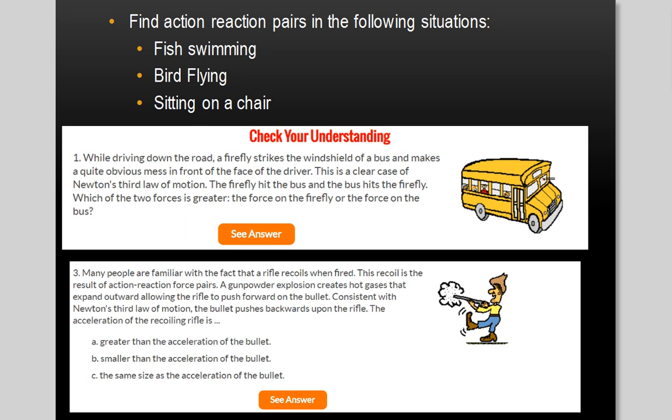The forces are the same for any situation, the action-reaction pair. So that's what you're looking for. Action-reaction pair.